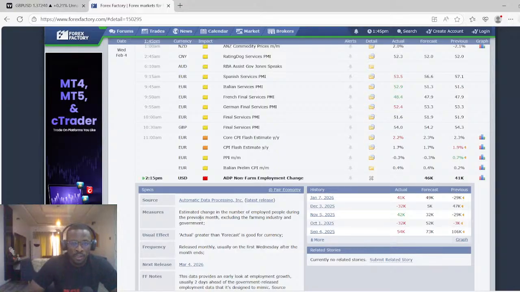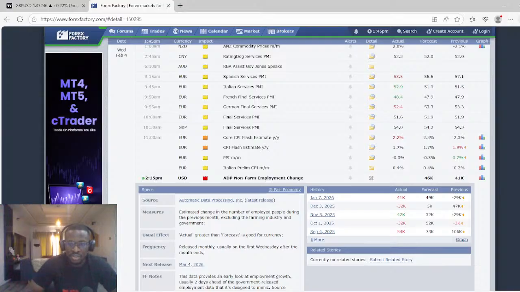So your point of focus in this particular red folder should be the effect. The effect is going to give you a blueprint on what the market would most likely be doing. So here you're going to see the actual. When the actual is greater than the forecast, it is good for the United States dollar, right?